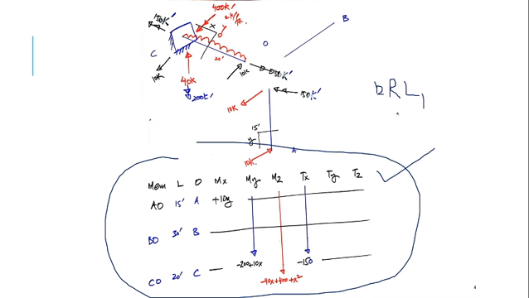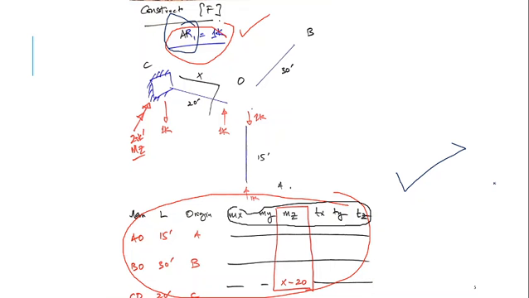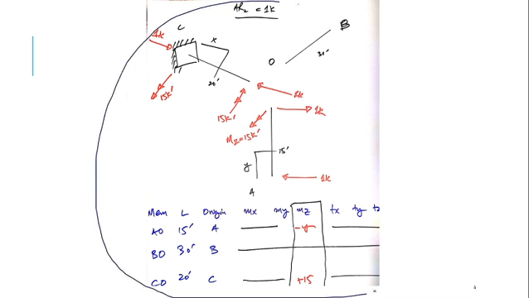In order to get DRL2, you will have to multiply this with these values.